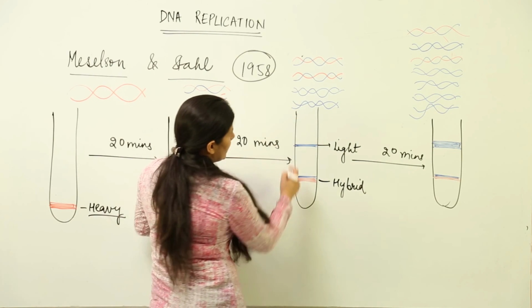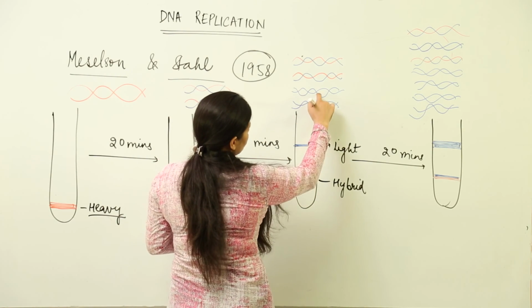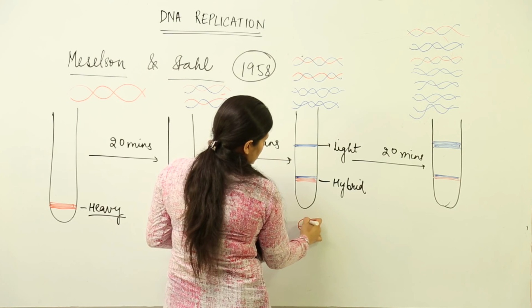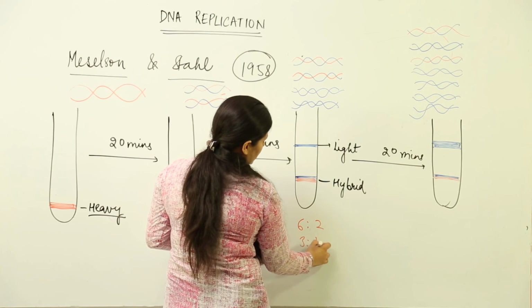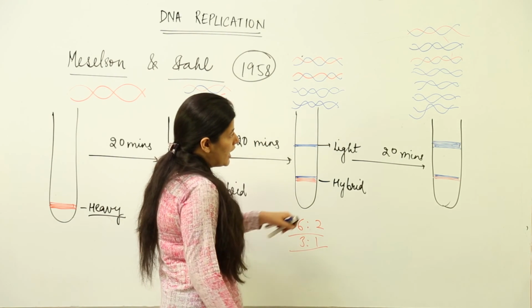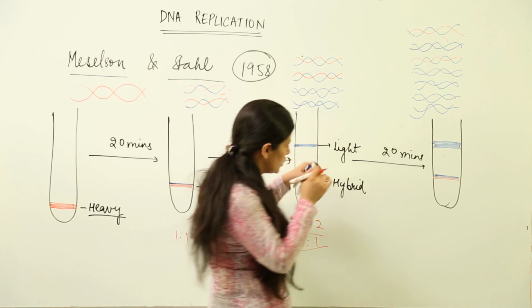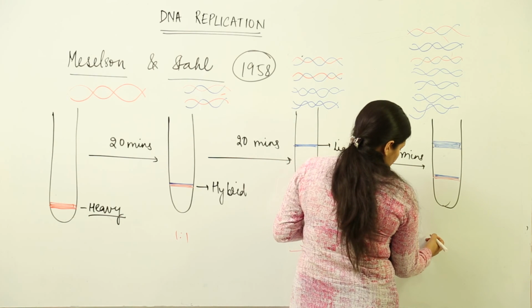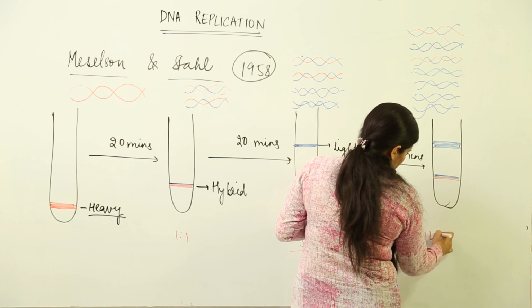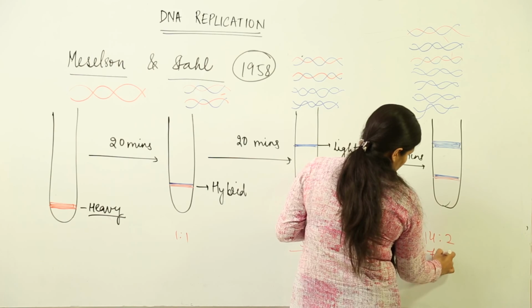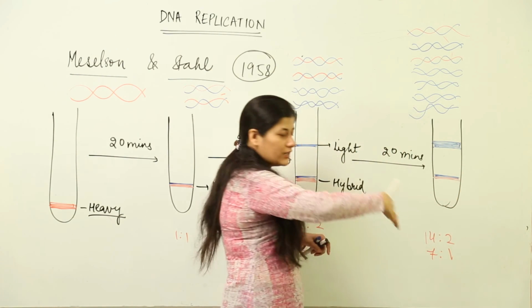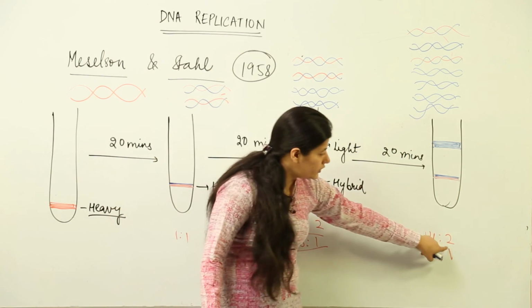Out of these you get the ratio of 1, 2, 3, 4, 5, 6, 6:2, that is 3:1. After this, 4 are going to give rise to 16, so you are going to get 14:2, that is 7:1. Then you move further, it goes on increasing, but 2 do stay there.